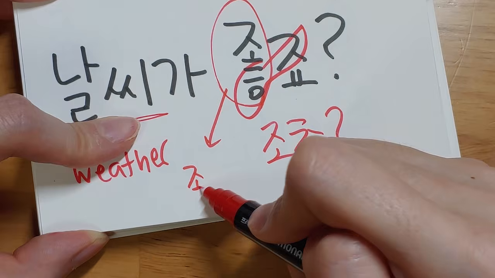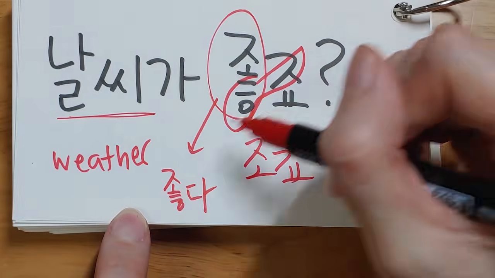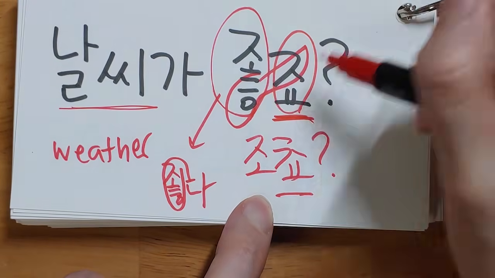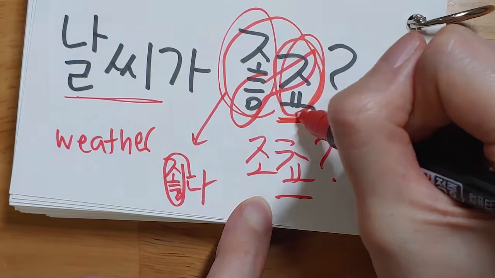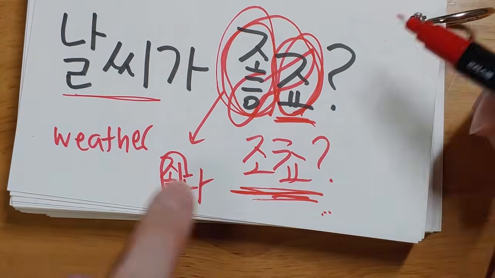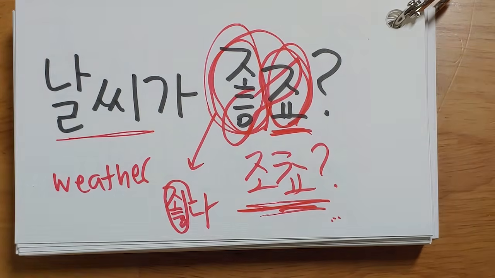It comes from the verb 좋다, which means to be good. Here, it means to be good. 죠 is a sentence ending. So when a 죠 sentence ending is combined with 좋, it becomes 좋죠 pronunciation. 날씨가 좋죠. The weather is good, right?